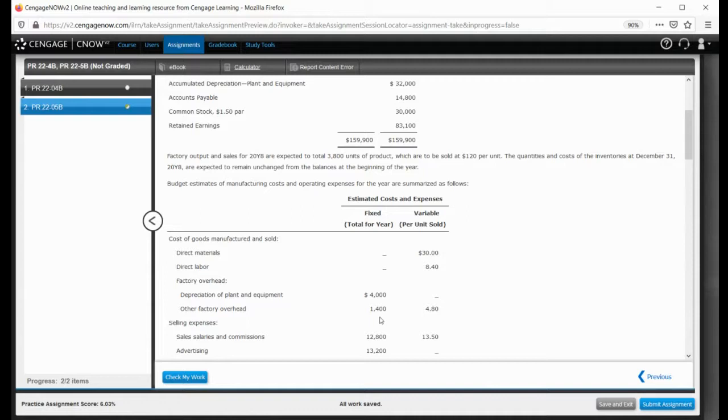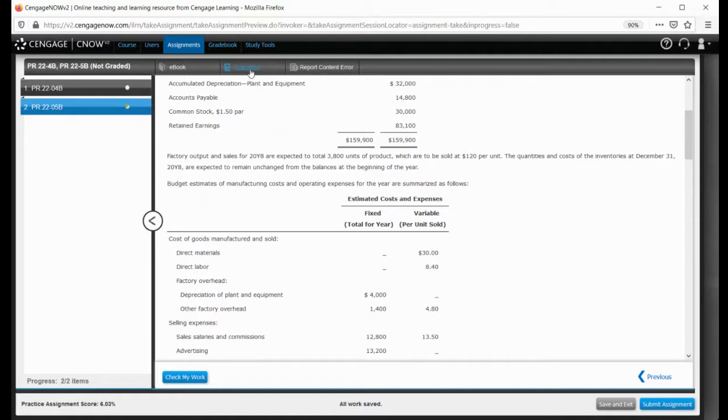We also have other factory overhead that's going to be a part of factory overhead. Notice the other factory overhead is what we call a mixed cost, so it's part variable and part fixed. The fixed part is the constant $1,400, but the variable cost for other factory overhead you will have to calculate, based on the variable rate times the number of units sold.